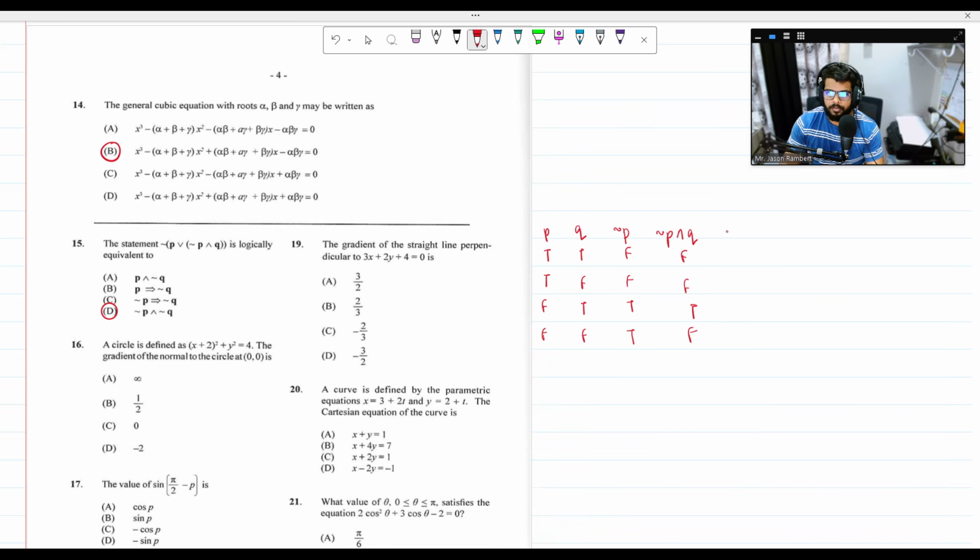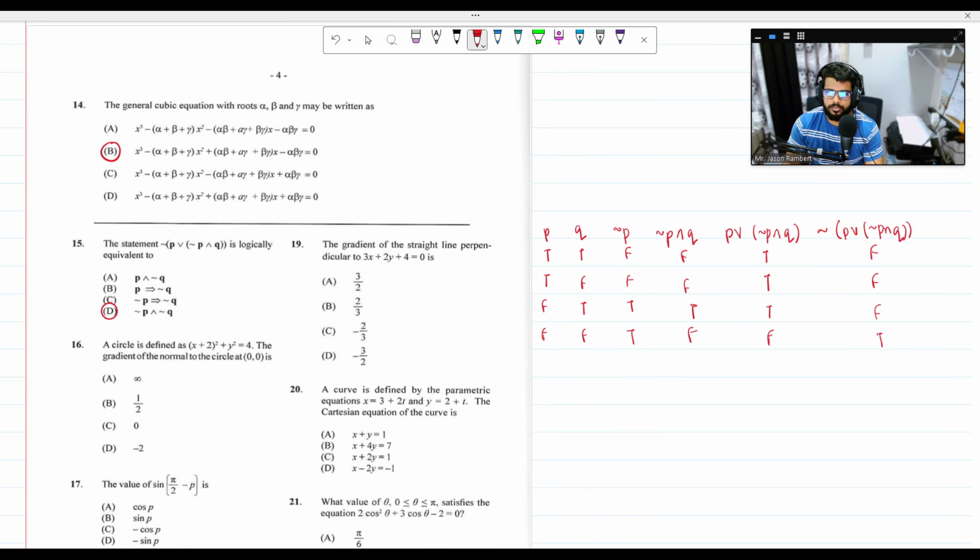And then we're going to have P or not P and Q. So P or this, we're going to get a true, a true, a true, and a false. And not that, not P or not P and Q, is false, false, false, true.